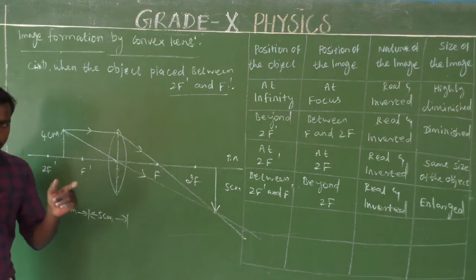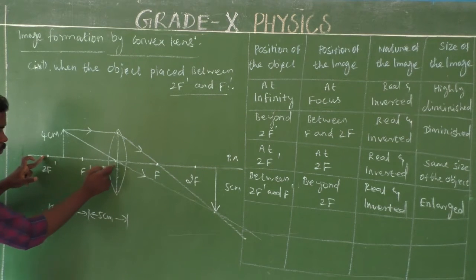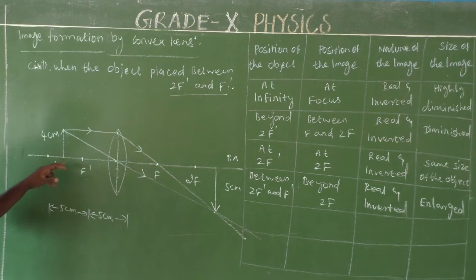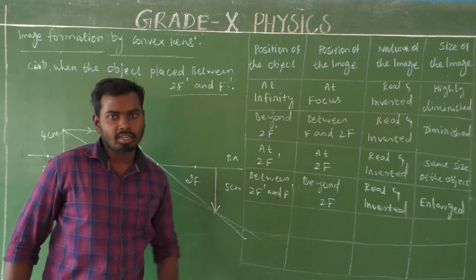So if the object is placed between 2f dash and f dash, the distance between O and 2f dash is 10 centimeter. If the object is placed between 5 centimeter and 10 centimeter, an image is formed more than 10 centimeter.